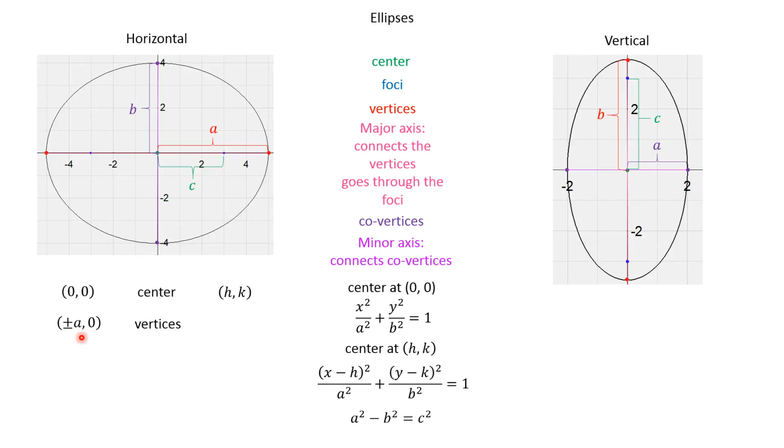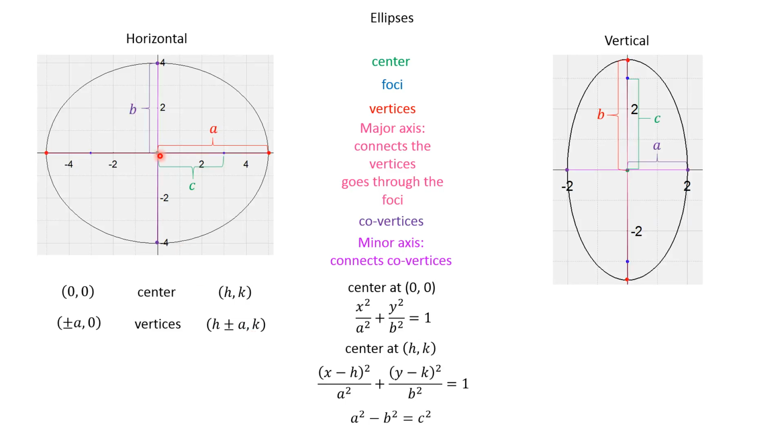So we have the 2 points, plus or minus a comma 0. How about if we start at (h, k) and we go over a? Didn't we just add a to h? So that's (h plus a, k) and (h minus a, k).